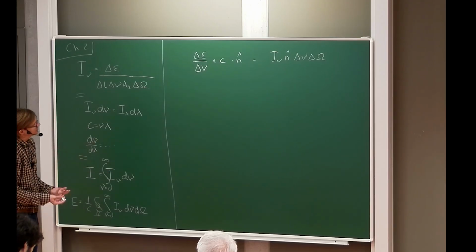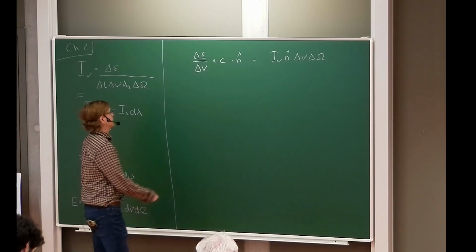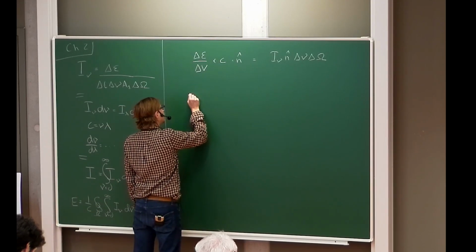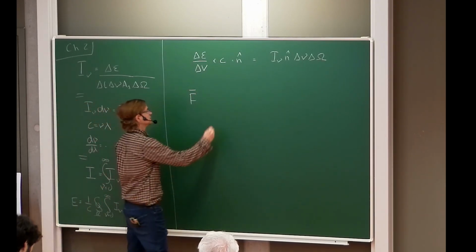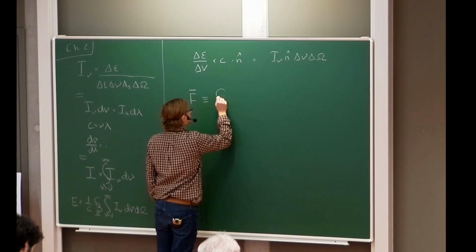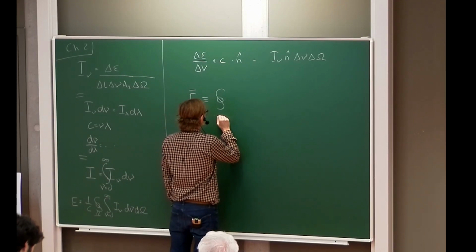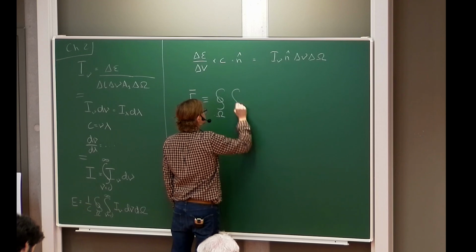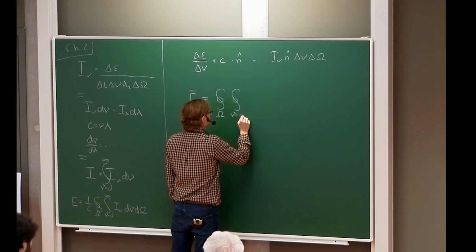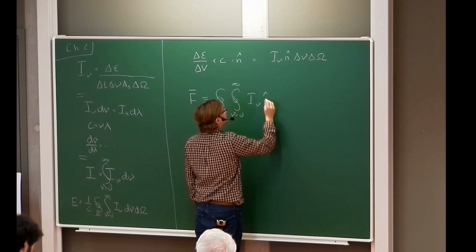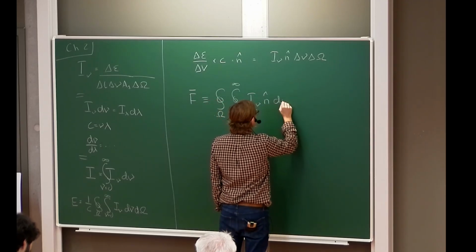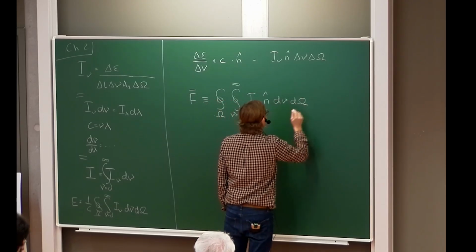So if we want the total now, we integrate. We can define the radiation flux vector as the integral over all solid angles, integral over all frequencies, of I_nu n hat d nu d omega.